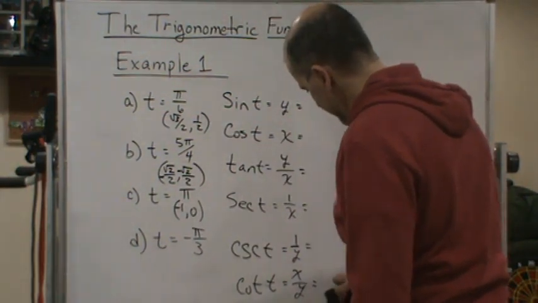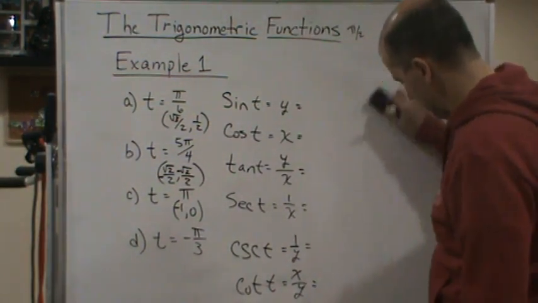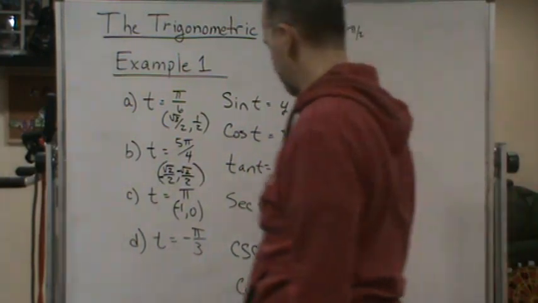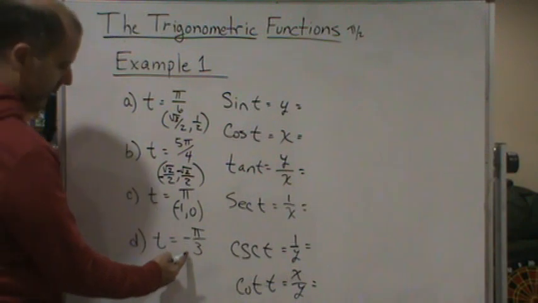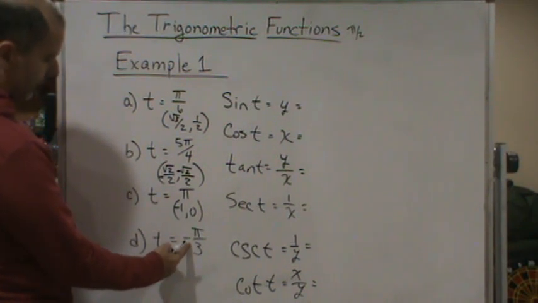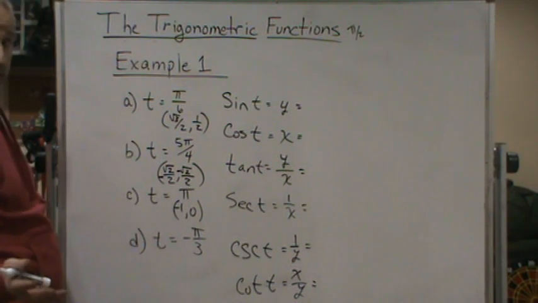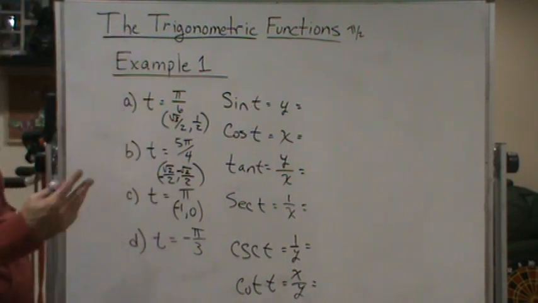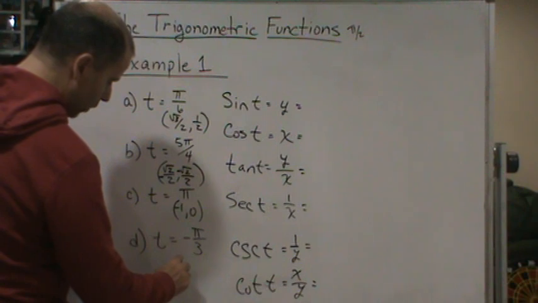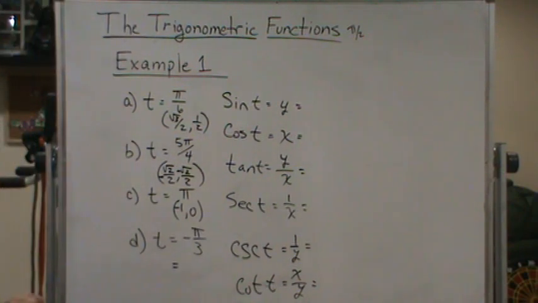Okay, so we haven't done negatives, right? But think about it. This is negative pi over 3, which represents a negative 60-degree angle. So this would correspond to what? This would also be equal to what?